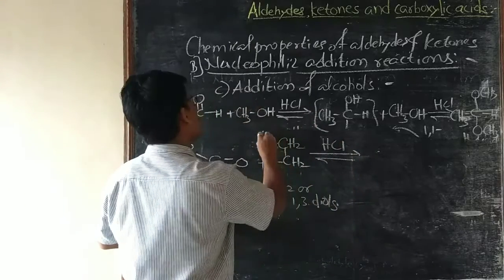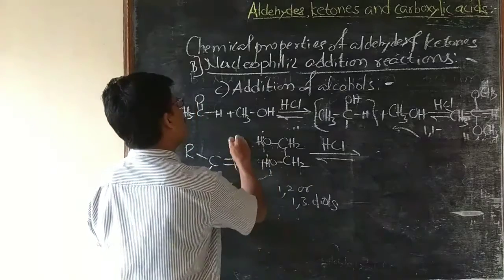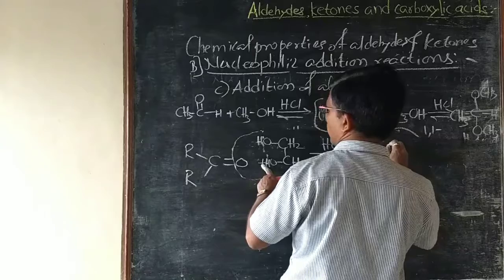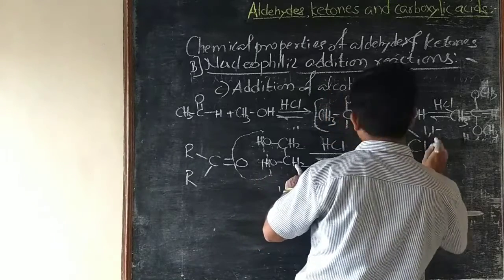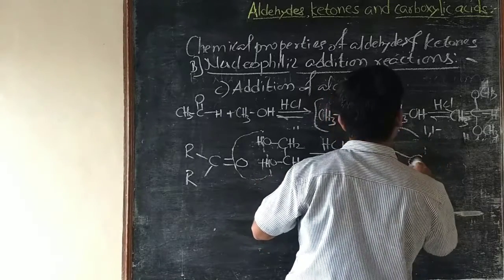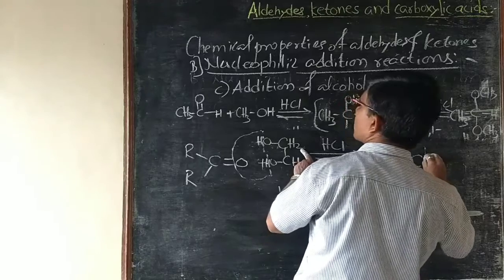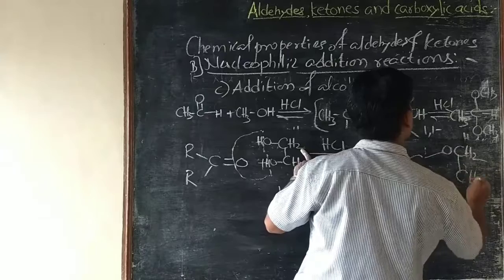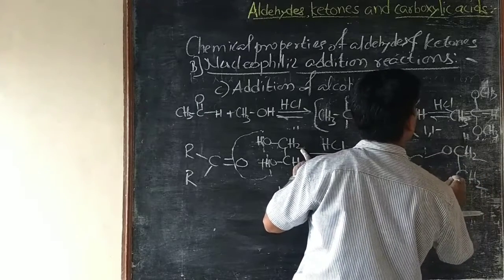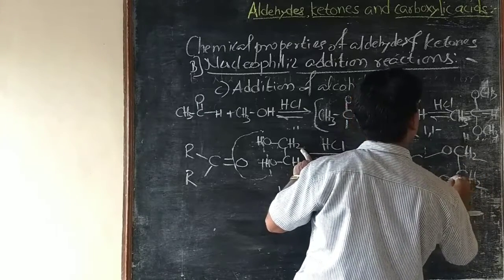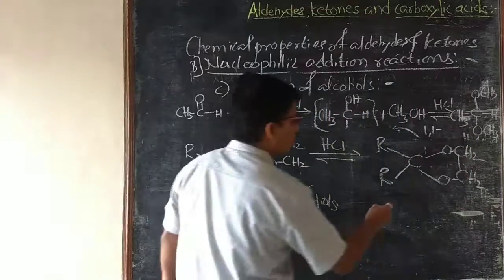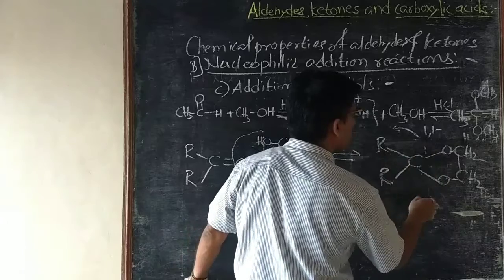It gives, that is this H and this O to form that is to form 5 or 6 membered ketals.